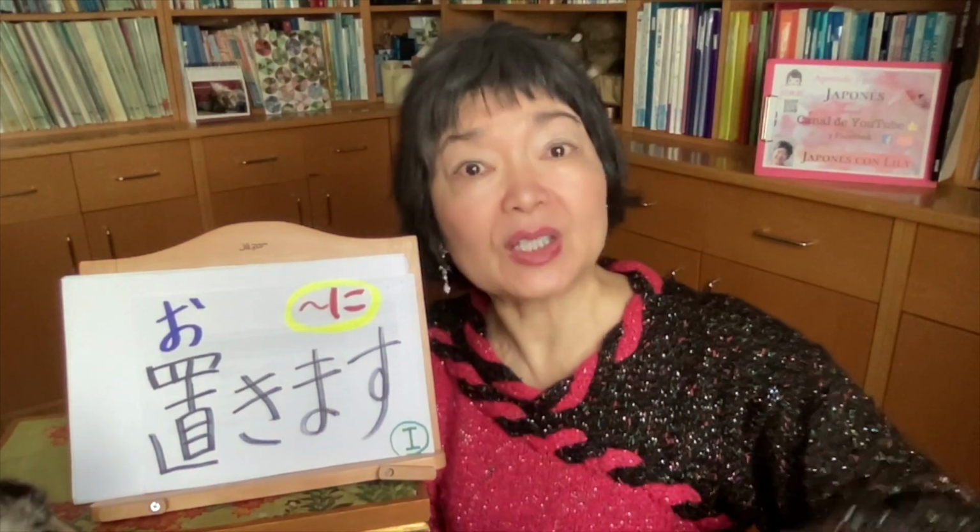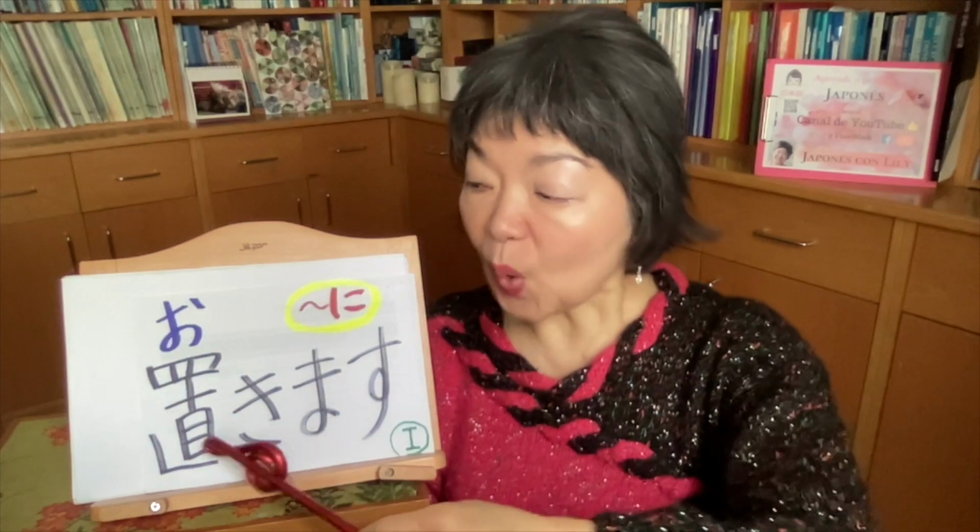May I put my luggage here? 荷物. This is luggage or baggage or suitcase or bag. 置きます. This is the verb and the meaning is to put on, to put in, or to deposit. With this kanji 置きます.